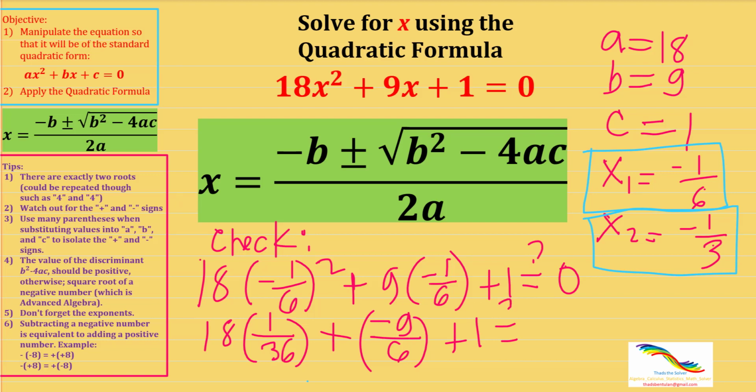Is that equal to 0? Remember here that we're trying to have a common denominator. So the common denominator would be 6. So we should maybe reduce this to 6. That's our strategy there. So let's proceed.